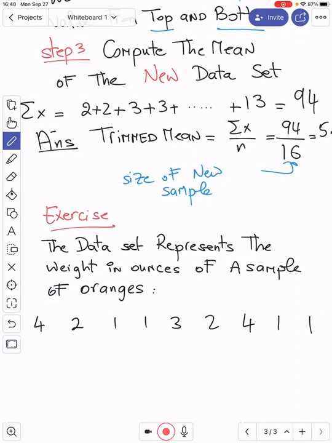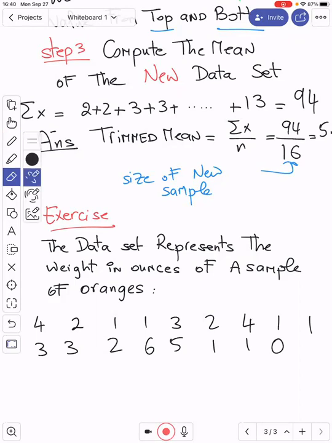And then let's say 3 here, 3, 2, 6, 5, 1, 1. The weight cannot be 0 here. And then 2 again, 2, and then the last two values. We have 7 here, and then 10.